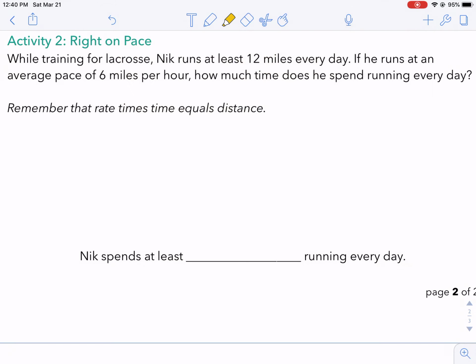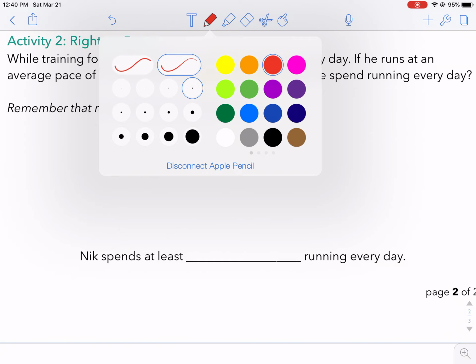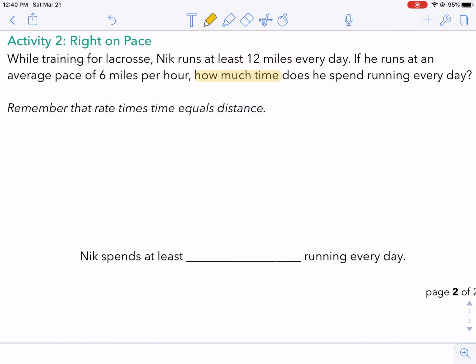So if we ask how much time, we're going to want to answer that with time. So let's go ahead and put T for time. That also tells us that our answer, how much time he spends running every day, is going to be a time answer.